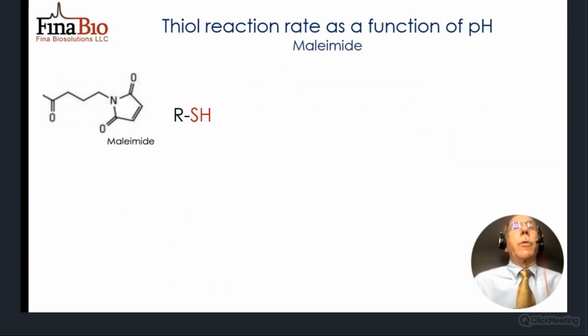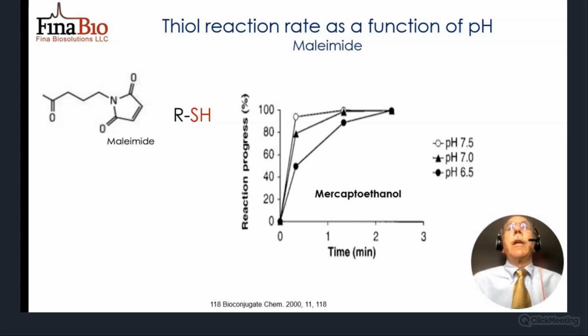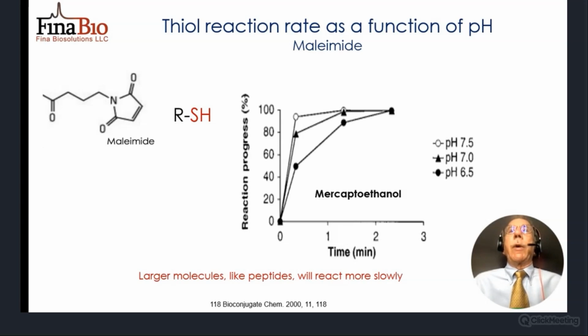The reaction of thiols with the maleimide group is quite fast. Even at pH 6.5, it can be a matter of just minutes, as shown on this graph. When you're working with larger molecules like peptides, it will react much faster than a small thiol like mercaptoethanol, but usually the reaction is over within an hour or so.